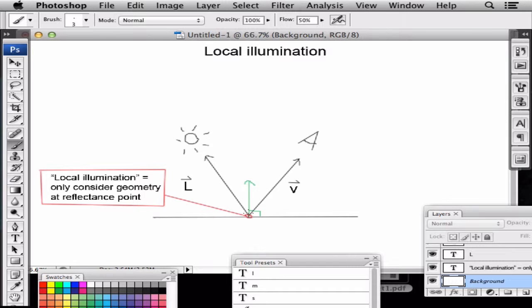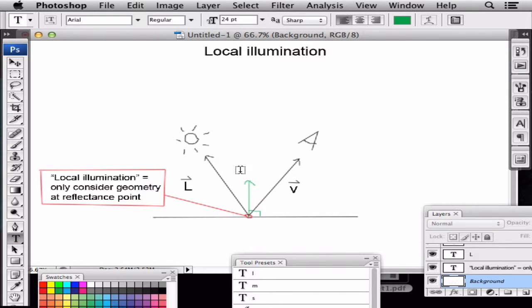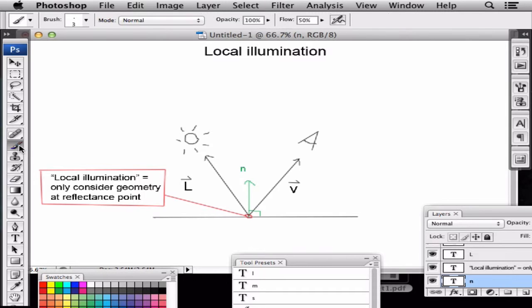And actually, the normal vector, the vector that points at a perpendicular angle from the surface, defines the slope of the surface in 3D space. So we don't need any other information than just a normal vector, then we know the orientation of the surface at this point. That's why normal vectors are very important when dealing with lighting. And we'll call this normal vector n, lowercase n.